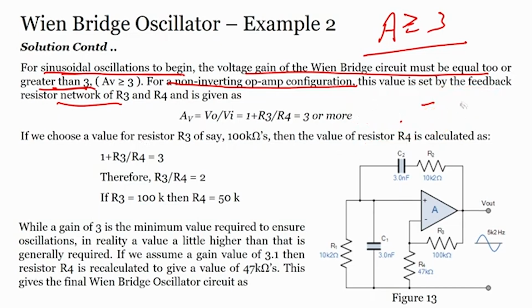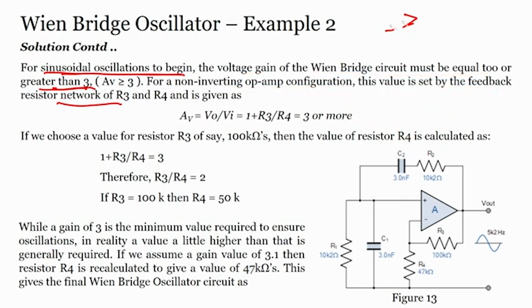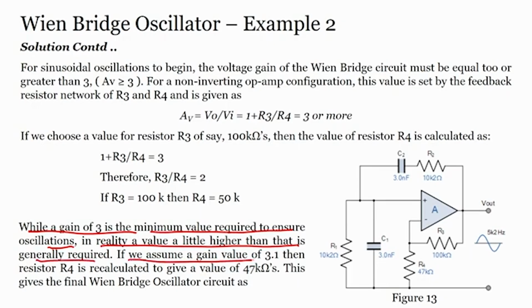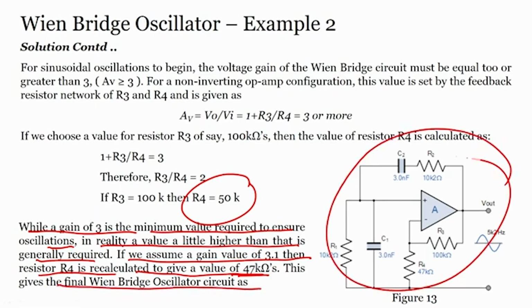Feedback values found, R found, and the capacitor we have considered as 3 nanofarad. While a gain of 3 is the minimum value required to ensure oscillations, in reality a value a little bit higher is generally required. If we assume a gain of 3.1, then resistance R4 is calculated to be 47 kilo ohms. This gives us the final Wein bridge oscillator circuit as shown here.